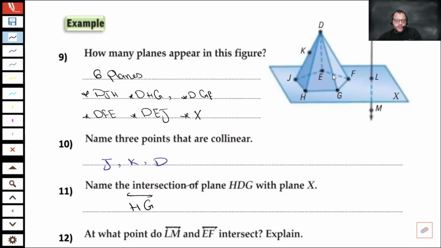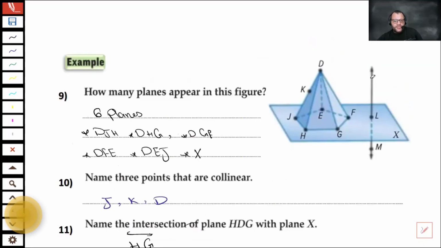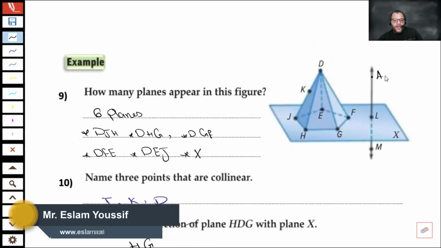Any three points are coplanar. Look at the fourth one. We can say the points J, E, F, G, and H all lie on the same plane, which is X. But the point D is above the plane. K is not on it either. Even L belongs to the plane X. But suppose we have a point here called A. A does not belong to the plane X, but L does.